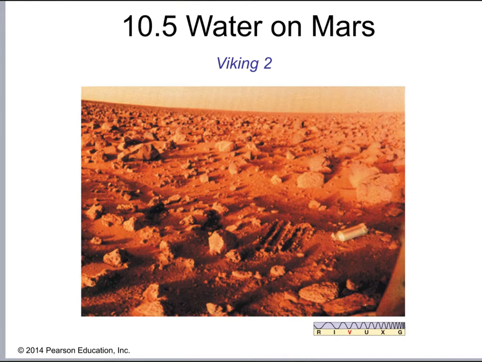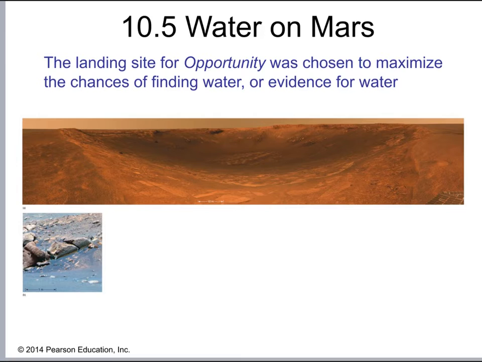Here's a closer up feature of Mars, and you can see these rocks and boulders that litter the landscape. It's familiar in the sense that you could imagine walking across this surface and it would in some ways feel a little bit like home. Of course, in other ways it would be very different. Here we see a shot that was taken by the Opportunity space probe.